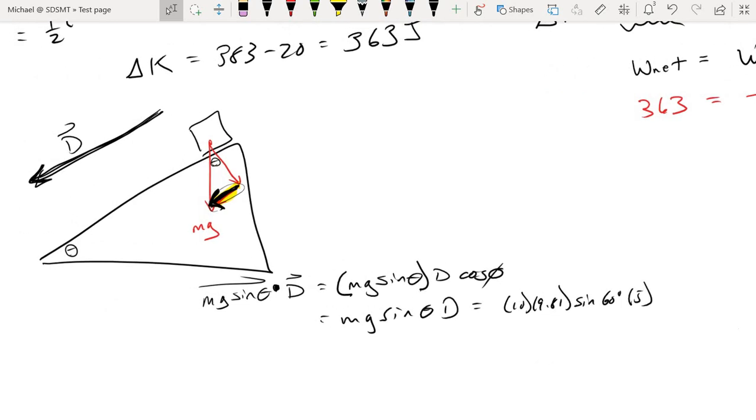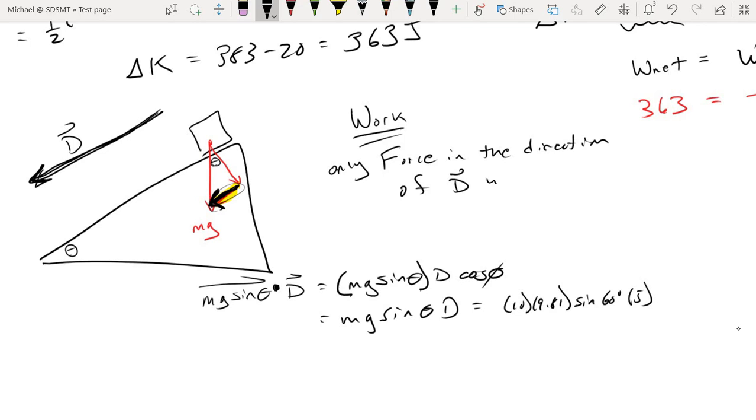But I did promise that there was another way of getting the same answer. The other way that we can try this is keep in mind back in chapter 7, when we talk about work, we said that only force in the direction of displacement will do work.